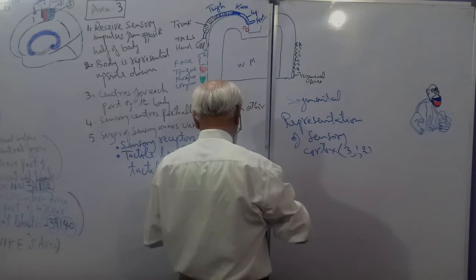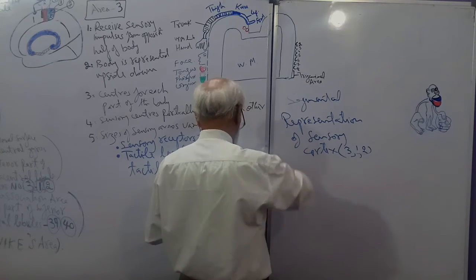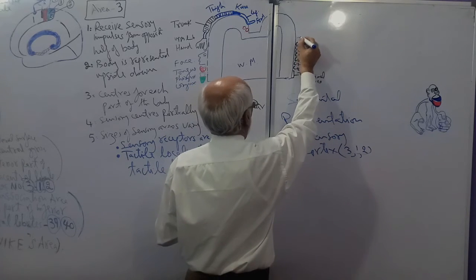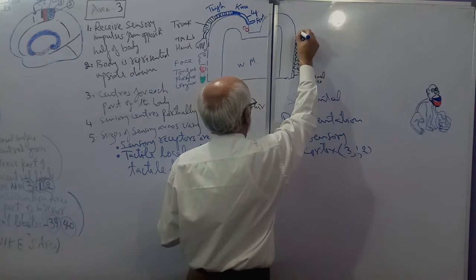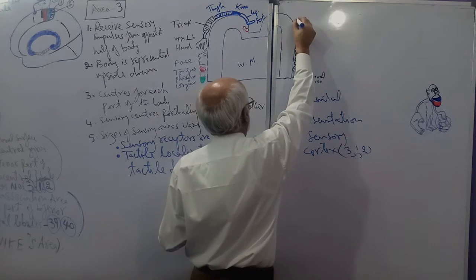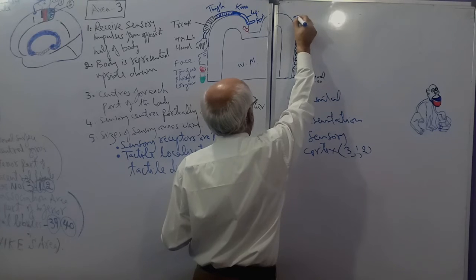Then there is T12, thoracic 11, and it will continue to T1.